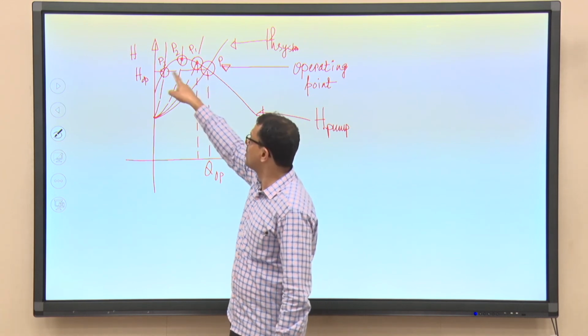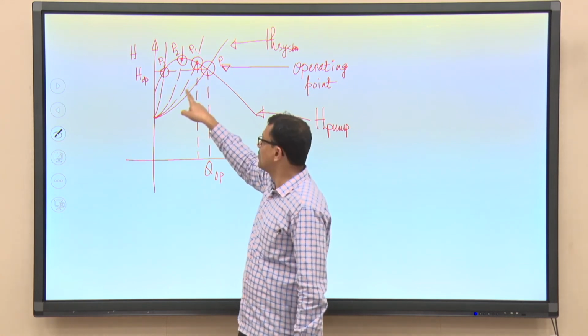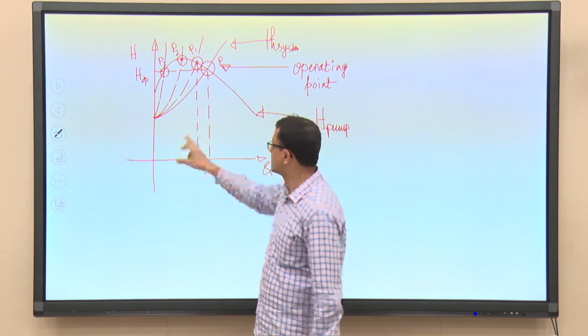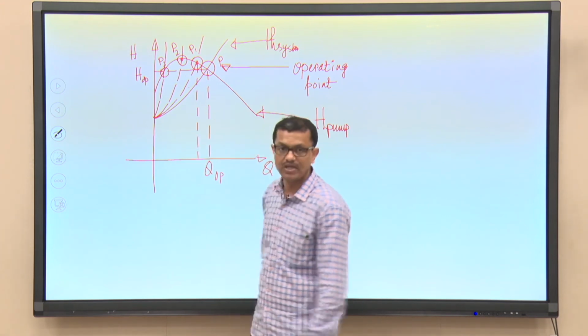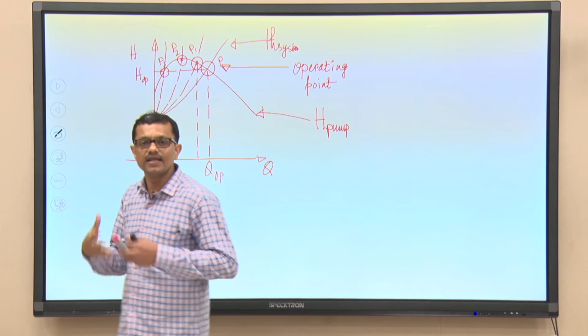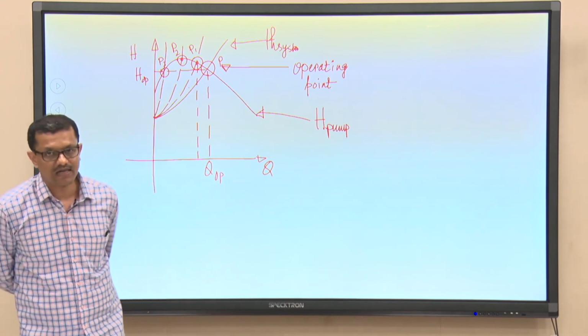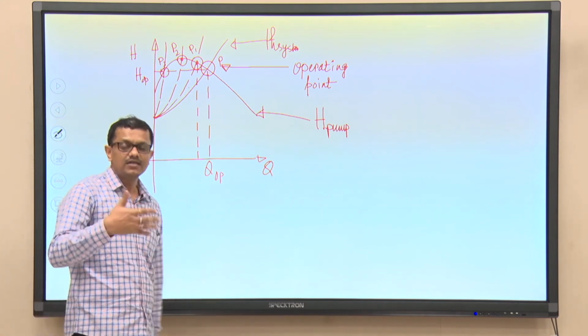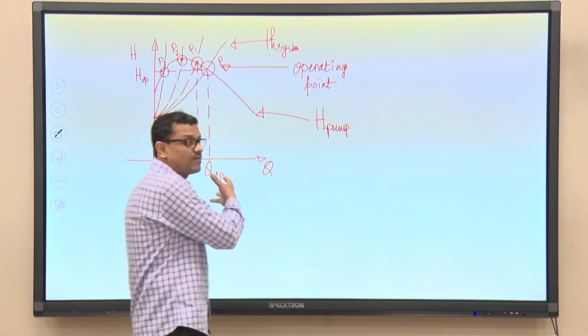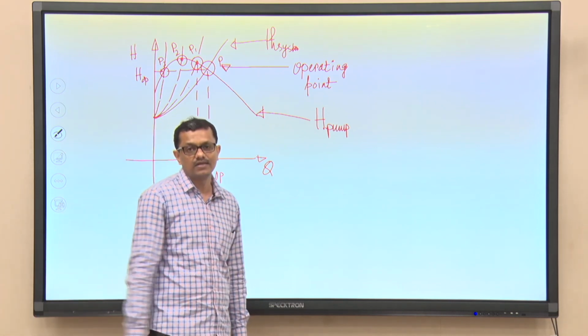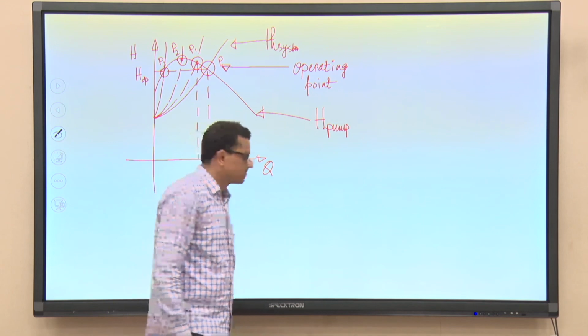So, now the pump will operate at design head, but we are getting two different values of discharge, that is Q3 and QP, okay. And this is very detrimental for the pumping operation, as instead of having continuous flow, we are supposed to get from this pumping station, the flow is intermittent, and that is not desirable at all, okay.